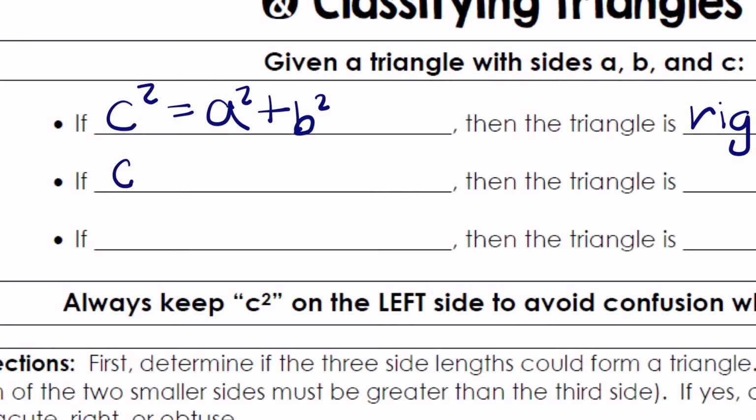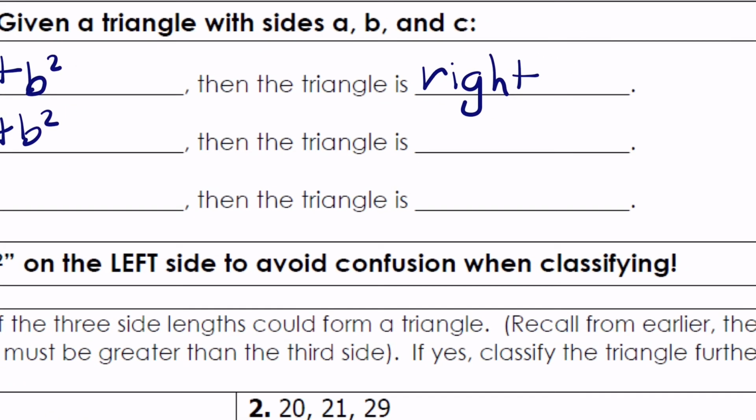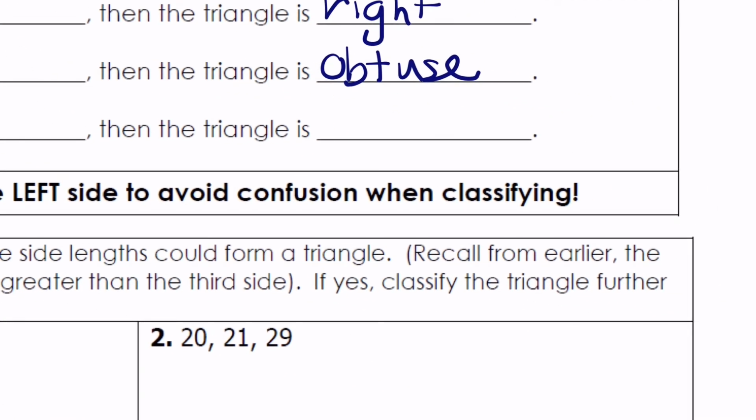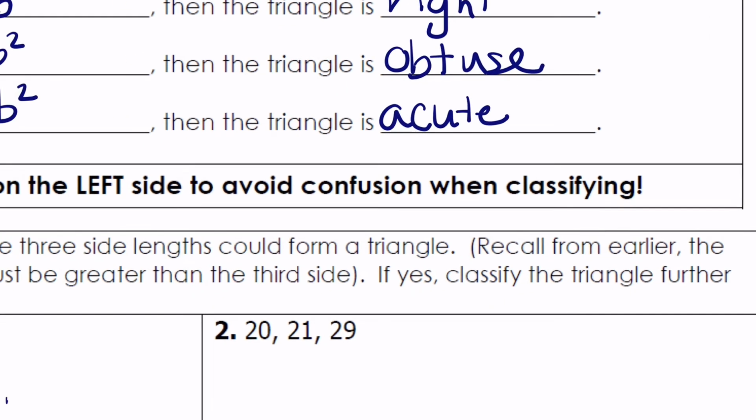Now, if C squared is greater than A squared plus B squared, then the triangle is obtuse. If C squared is less than A squared plus B squared, then the triangle is acute.